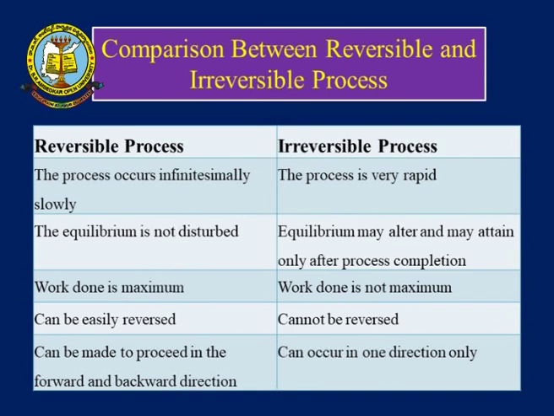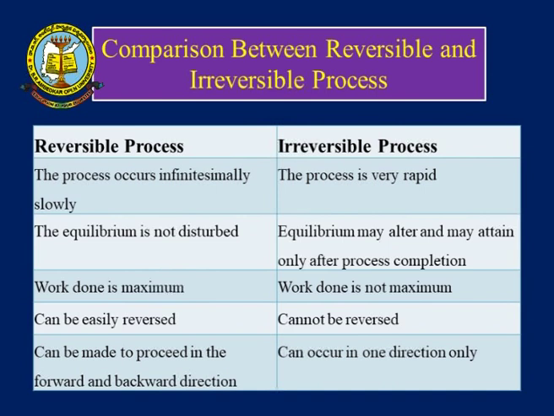Coming to another comparison, the equilibrium is not disturbed in the case of the reversible process, whereas in the irreversible process, equilibrium may be altered and attained only after process completion.